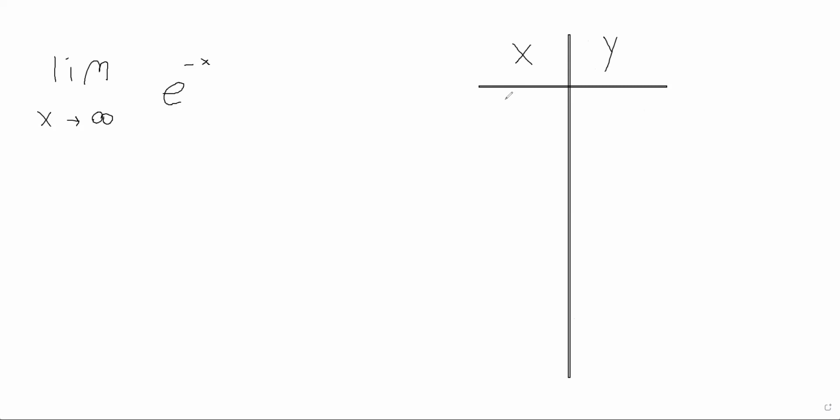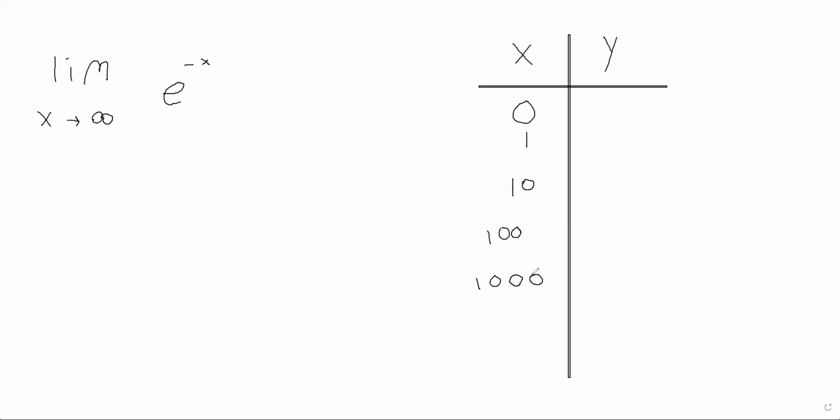So we may want to just start with 0, because we know that we're tending to infinity. We have to just pick larger and larger values of x. So maybe we could try 0, and then 1, and then maybe 10, and then we could do 100, and then 1,000. My OCD is flaring up right now. My own crappy handwriting is making my OCD even worse.